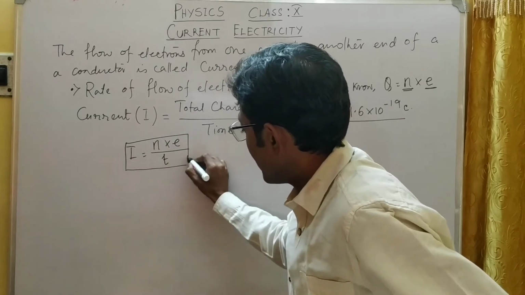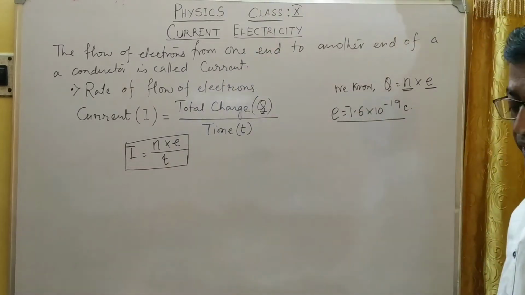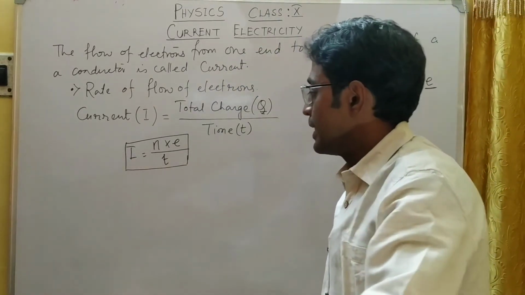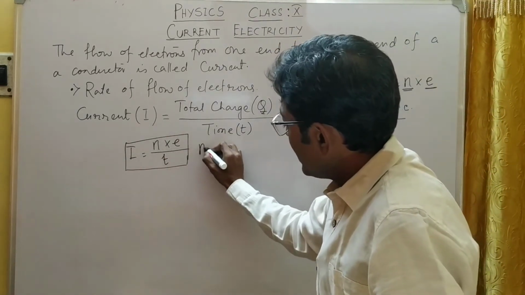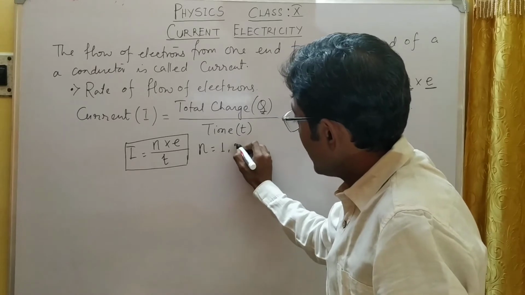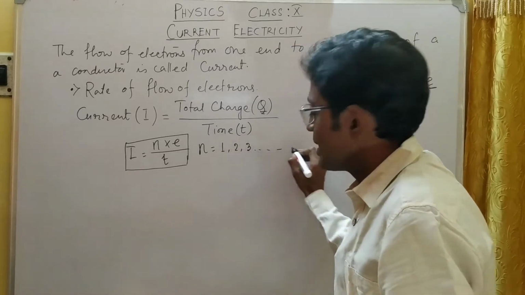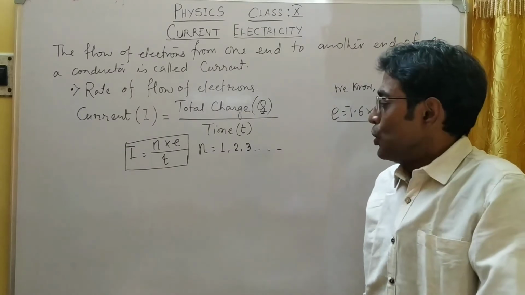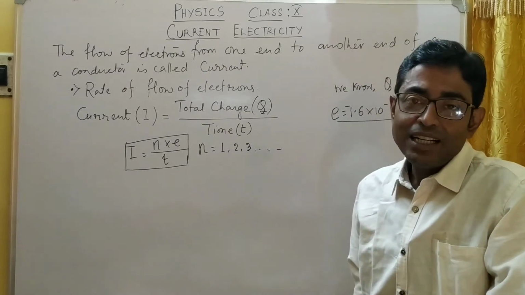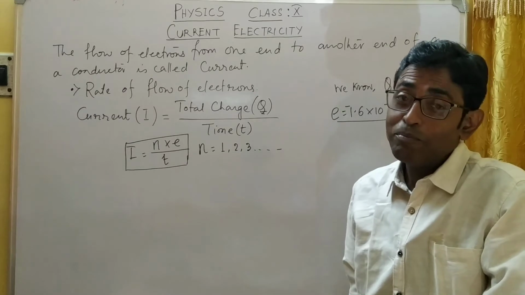One more thing I'd like to tell you: the value of N, the number of electrons, will always be 1, 2, 3 like this. It cannot be a decimal or a fraction. So it is called the integral multiple of natural numbers. Remember this.